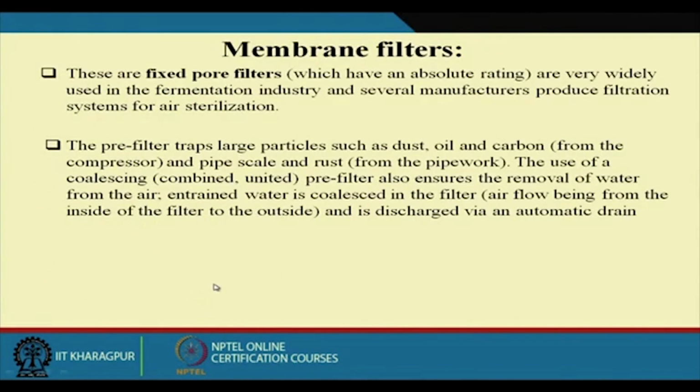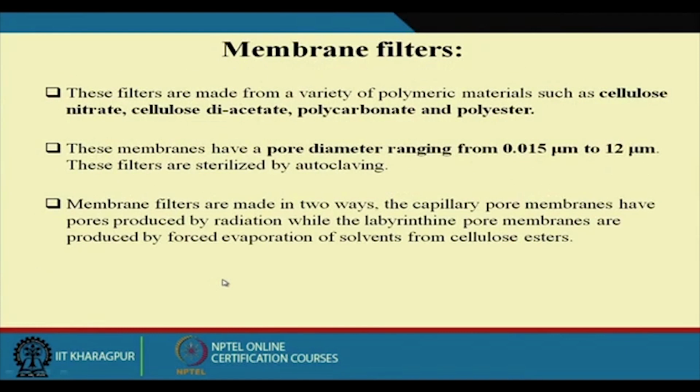And then the membrane filter I already talked about. Examples are cellulose nitrate, cellulose diacetate, polycarbonate and polyester, with pore size ranging from 0.051 micron to 12 microns.